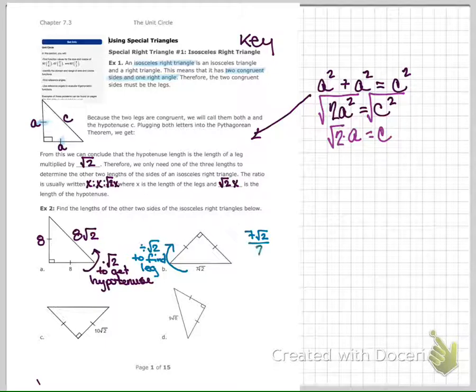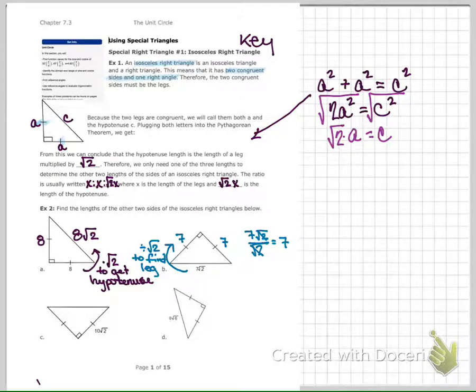I'm going to divide by the square root of 2. Square root of 2 over square root of 2 cancels. So I know that the length of each of the legs is 7. This one's marked as the same. So isosceles right triangle, both of those legs are the same length. Fairly straightforward.